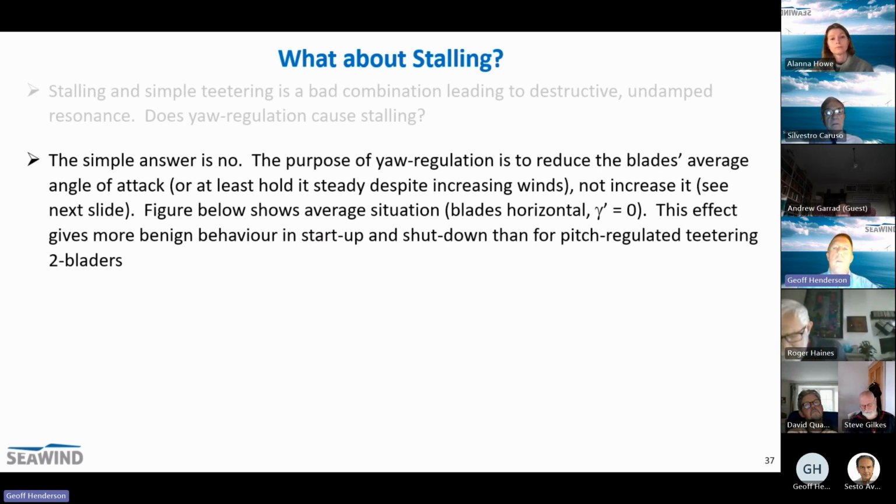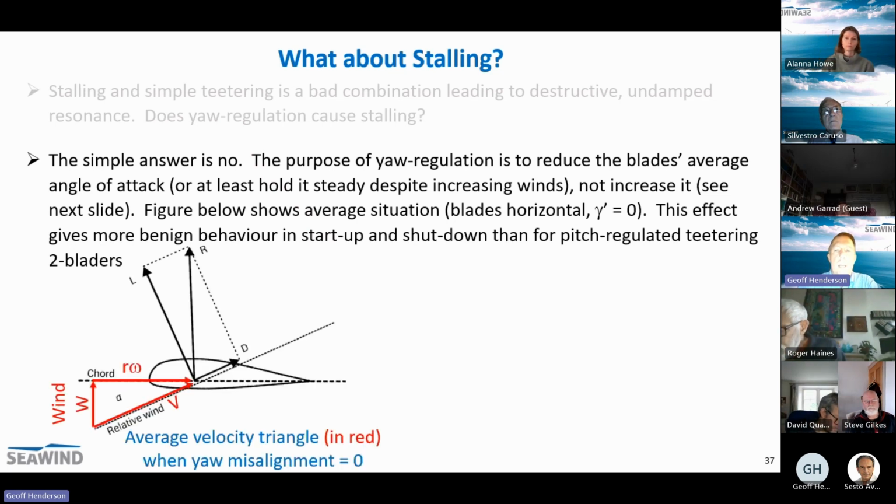The purpose of your regulation is to reduce the blade's average angle of attack, not increase it. And the figure below shows the average situation. So the first diagram is the case with no yaw angle, yaw misalignment 0. So you've got the wind straight on to the aerofoil and the familiar velocity triangle as shown.